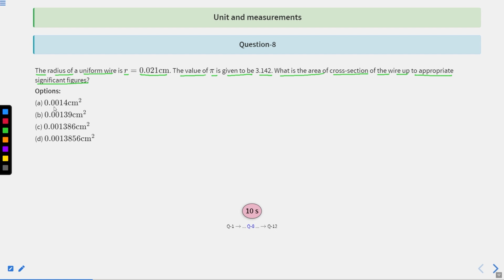These are the options: 0.014 centimeter square, 0.0139 centimeter square, 0.01386 centimeter square, and 0.0013856 centimeter square. Which one is correct? Solve the question. You have 10 seconds.